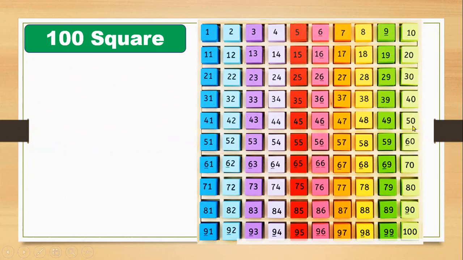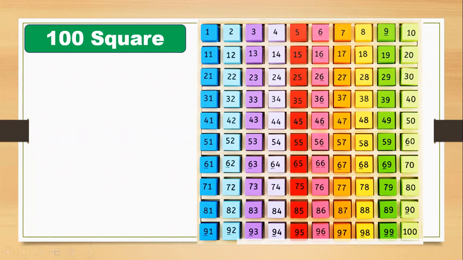As I told you in the last topic, these are the multiples of 10: 10, 20, 30, 40, 50, 60, 70, 80, 90 and 100. You can also call them decade numbers.